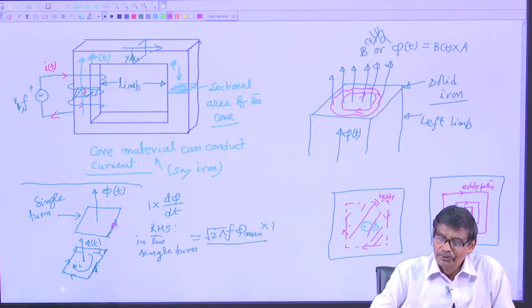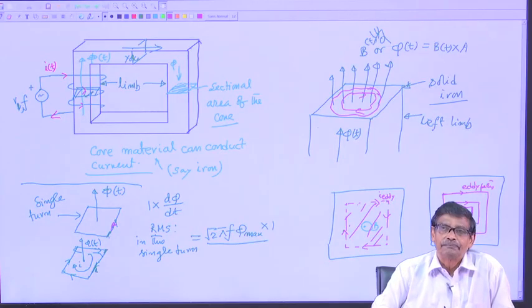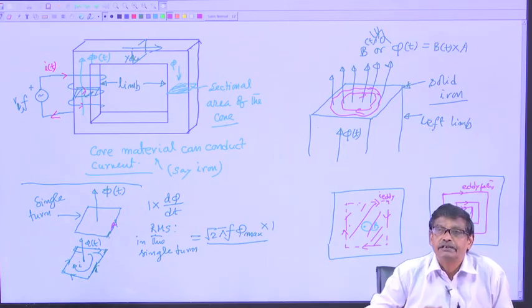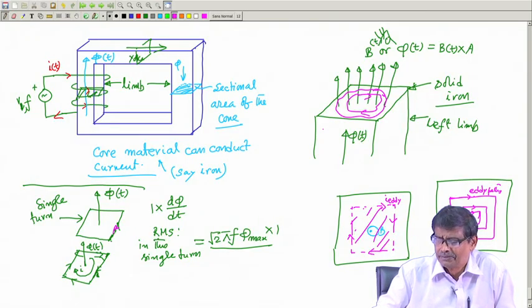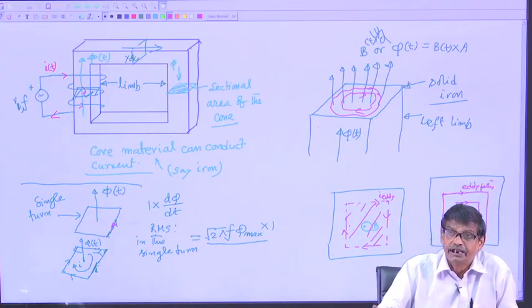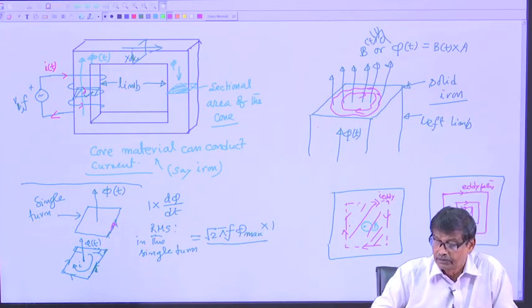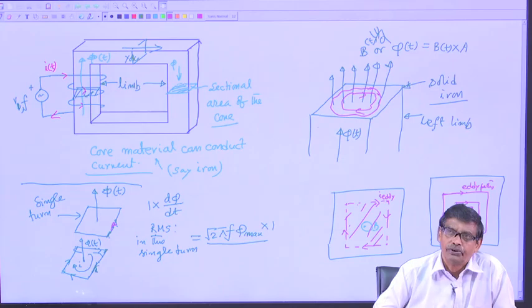Now, we shall try to understand what I should do to reduce this loss. No mathematics first, physically try to understand why this eddy current loss occurs. With so much sectional area, it looks like it will be very difficult to calculate the eddy current loss. In fact, it is not so easy.